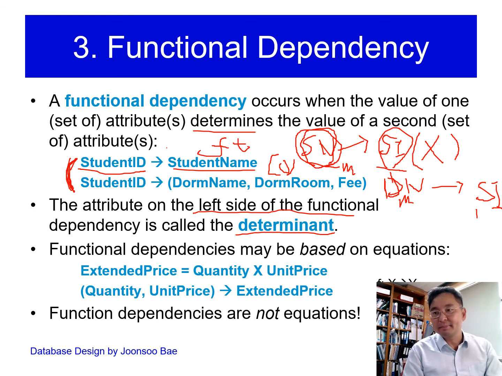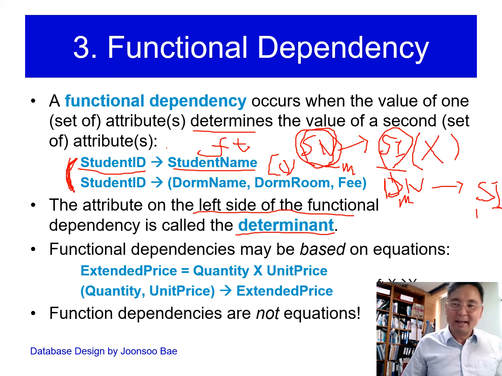For example, extended price can be calculated by quantity times unit price. In that case, if you know quantity and unit price, then extended price will be determined by using these expressions, formulas. Then we can say that the composite attribute quantity, unit price will determine extended price. It's also true.